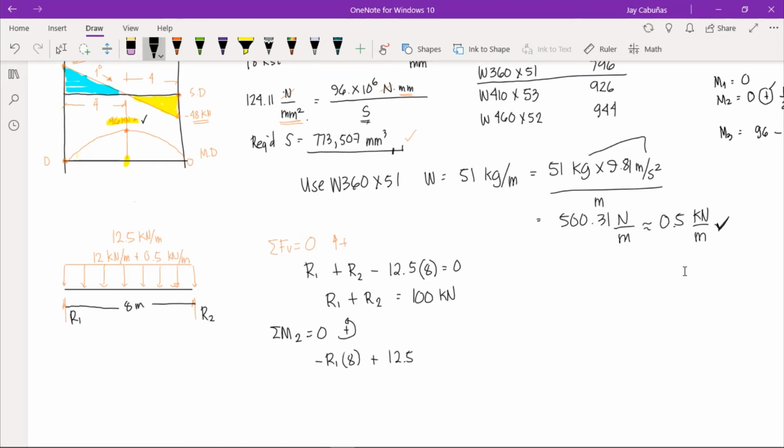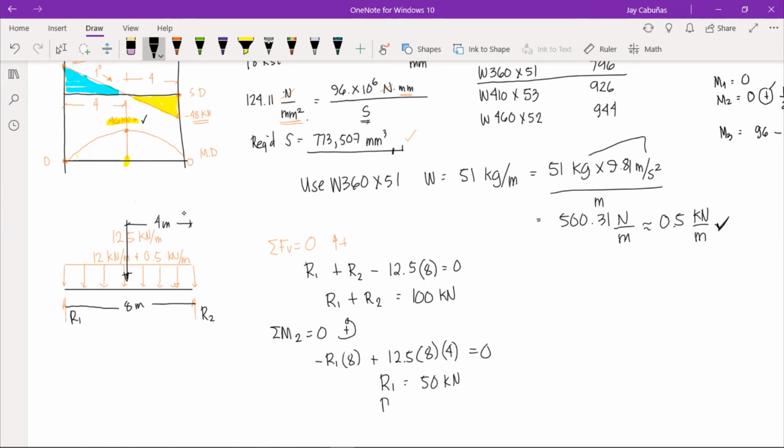So you have 12.5 times 8, okay, times the distance, which is, since the resultant of our uniformly distributed load is located at midspan, we have 4 meter distance here. So we have times 4, and this is equal to 0. So we have R1 here, which is equal to 50 kilonewton.